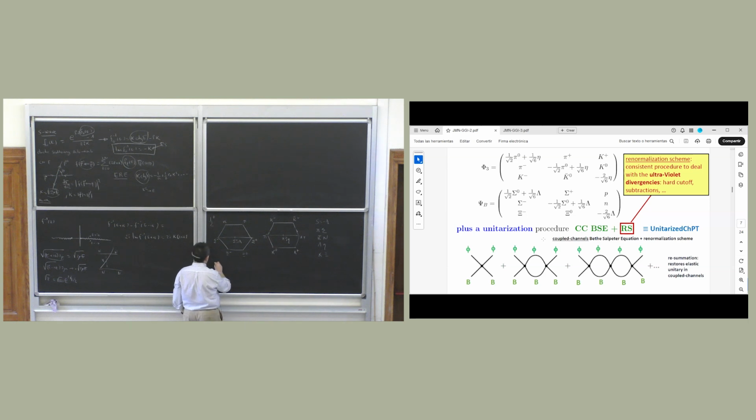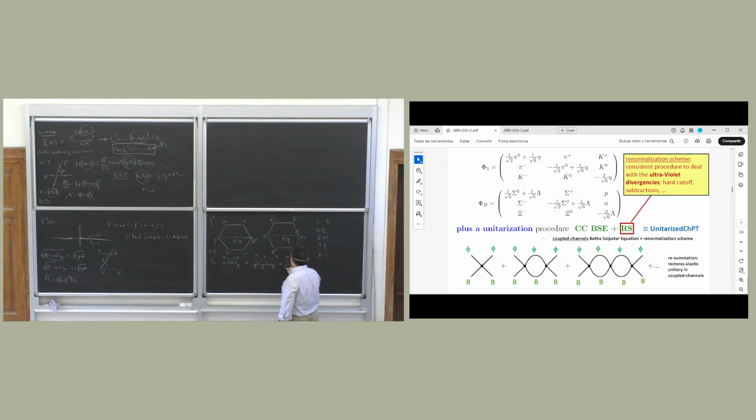So what you have here is, for instance, if pi sigma is your channel 1, then T11 does not contribute only with pi sigma, which is the potential. We may have a loop involving only the pi sigma channel, but I can have other loop contributions.